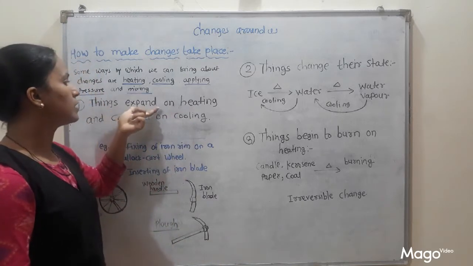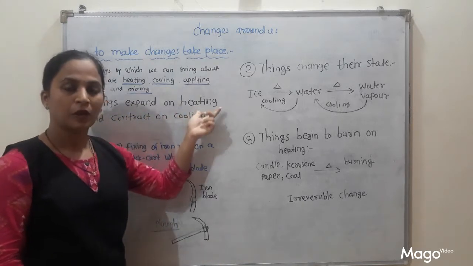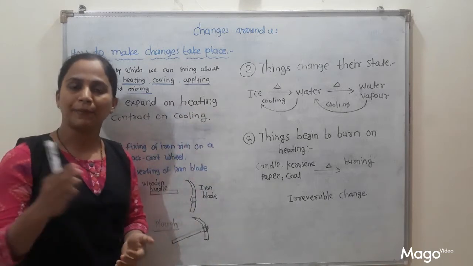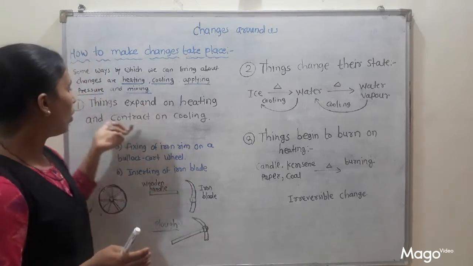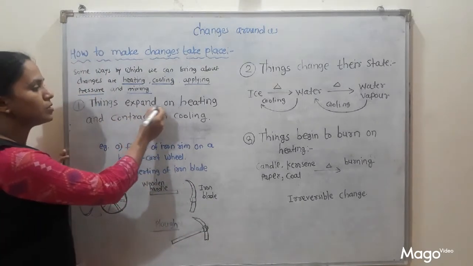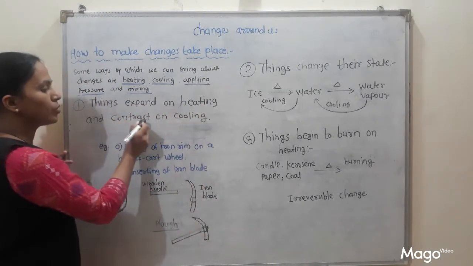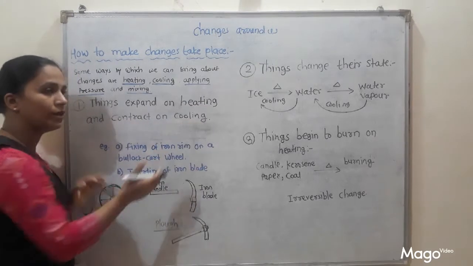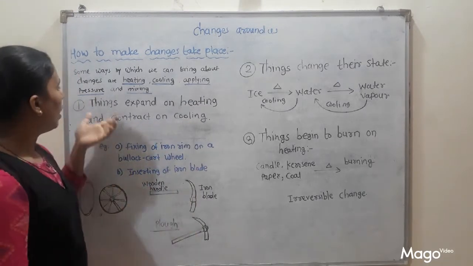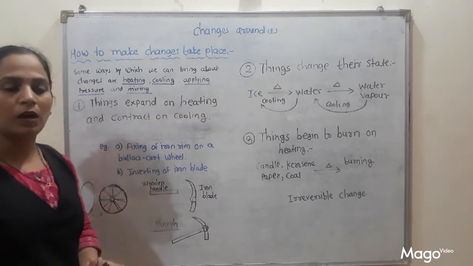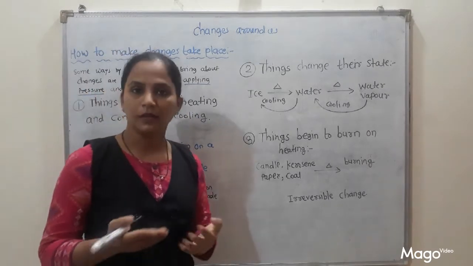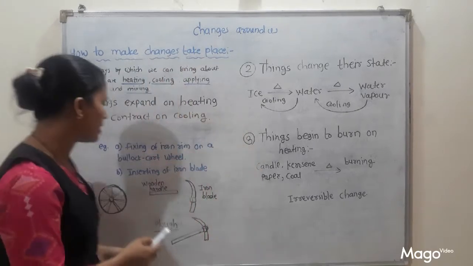On cooling, temperature decreases and size decreases. That is called contraction. So things expand on heating and contract on cooling. Now we will study how this expansion on heating and contraction on cooling help us in daily life, and we can explain it by taking examples.